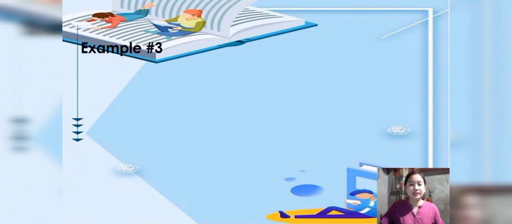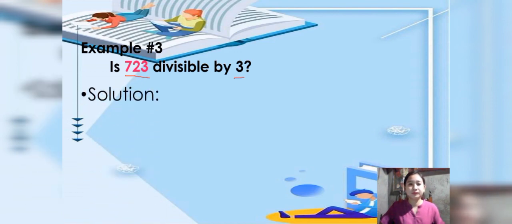Another example, is 723 divisible by 3? Here's the solution. 7 plus 2 plus 3 is equal to 12. We add the digits together and we find that the sum is 12.